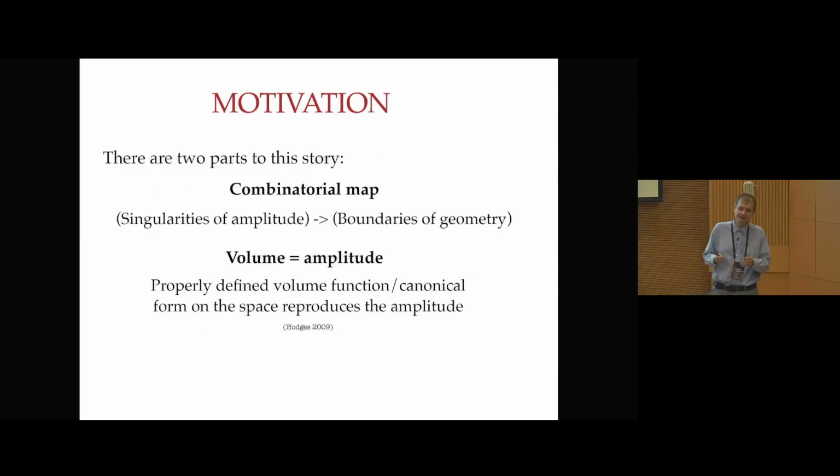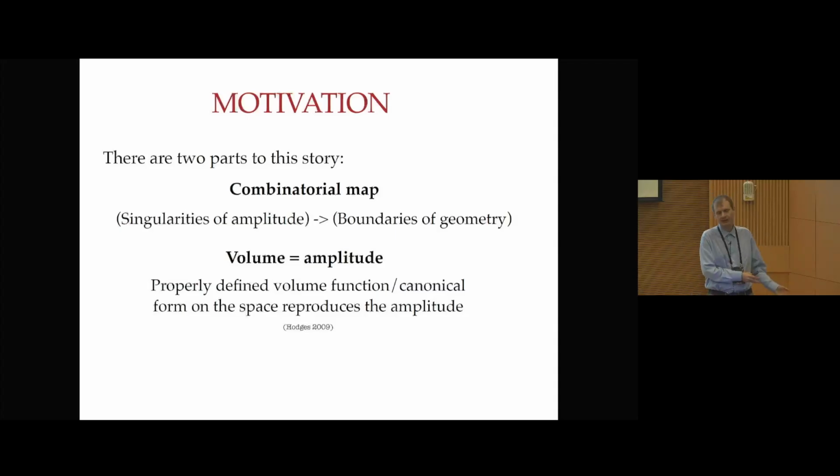Now, in general, there are two parts of this story. The first part is combinatorial math. So once we have this list of conditions that the amplitude satisfies, such as factorizations, positions of singularities and properties, what happens on these singularities, we will map it to boundaries of the geometry.